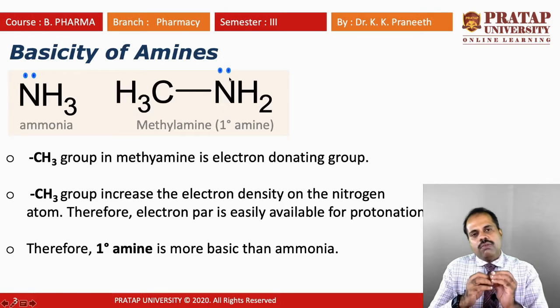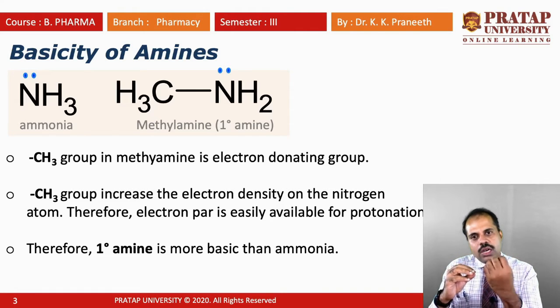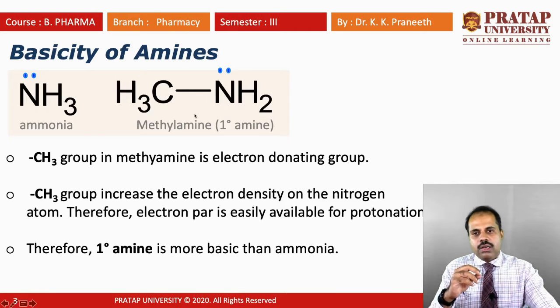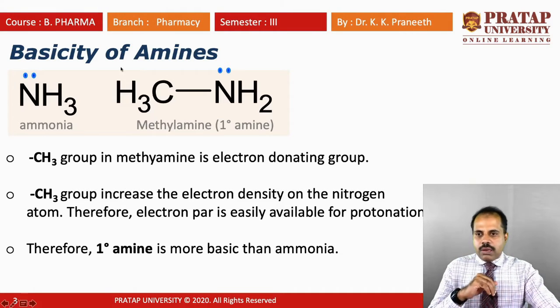What happens when the electron density increases? The amine can easily donate its lone pair of electrons. After all, a Lewis base is an electron pair donor. So if it can easily donate the electron pair, it will be more basic. This happens because the methyl group is an electron releasing group. Therefore the electron pair is easily available for protonation.